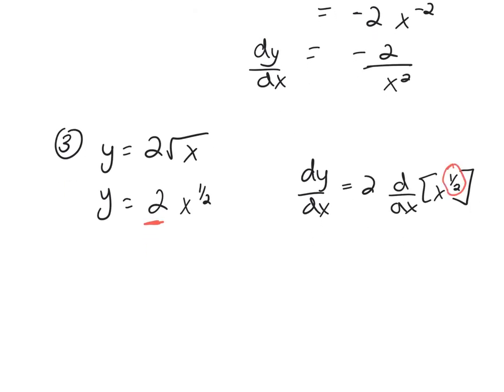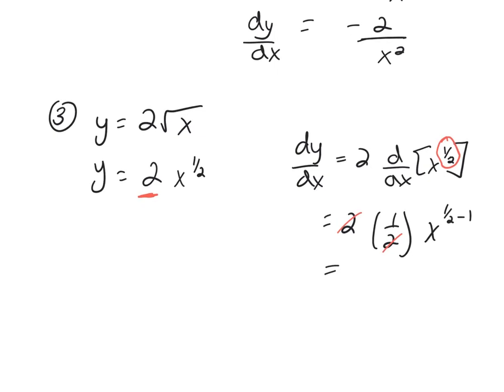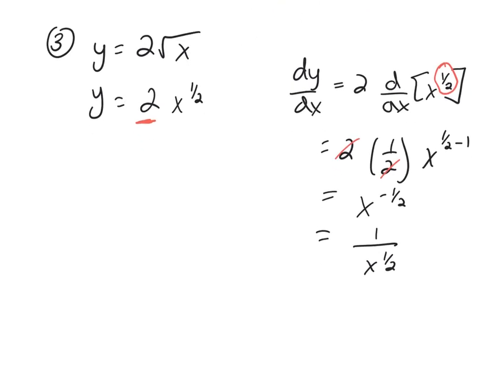Okay, so there's my power. You're going to bring it down, 2 times 1/2, and then subtract 1. This 2 and this 1/2 cancel. So you're just left with x to the negative 1/2, 1 over x to the 1/2, which is the same thing as 1 over the square root of x.